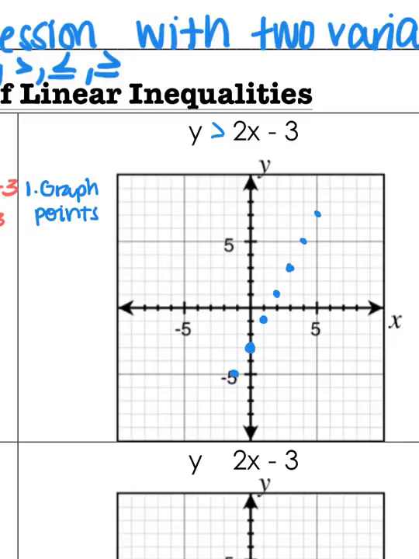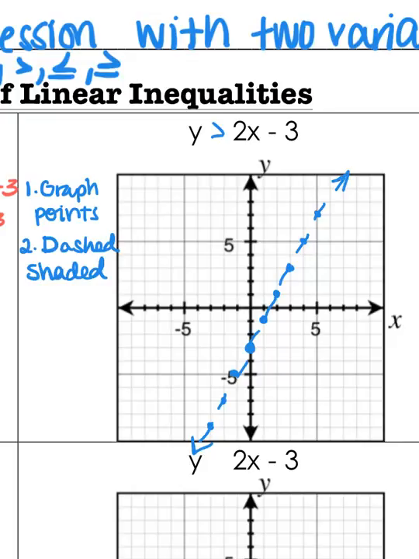And I can also go down 2 over 1. Then you're going to decide if your line is dashed or solid. This one will be dashed because it's not or equal to. It would be an open circle on our number line, so it would be a dashed line.